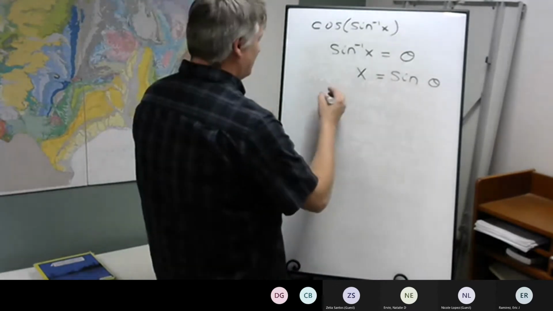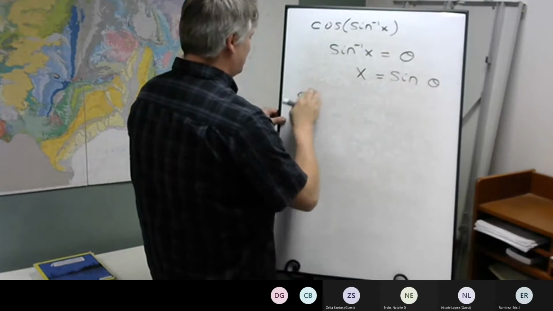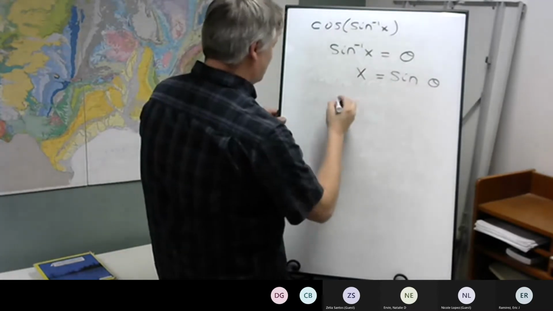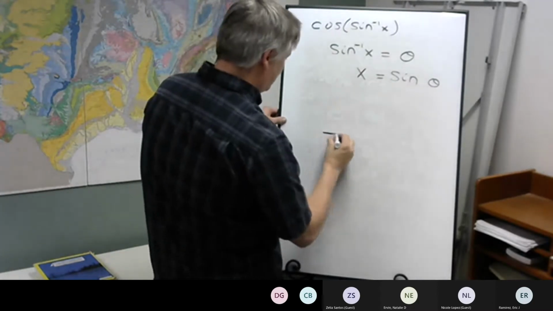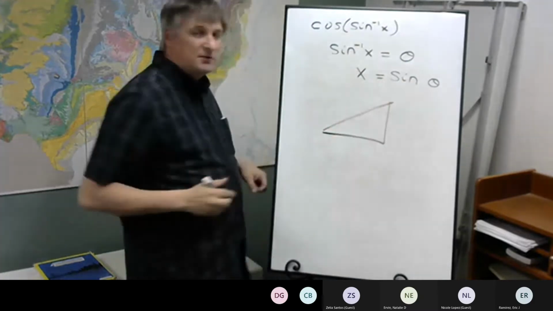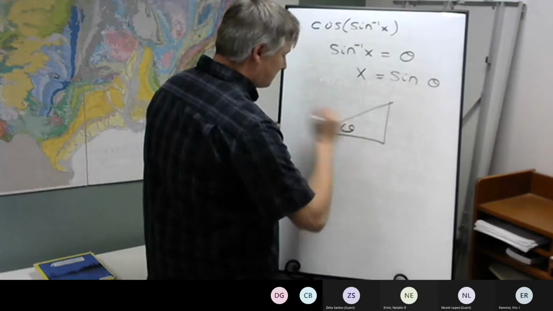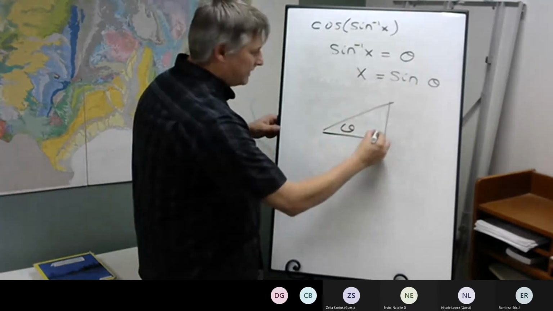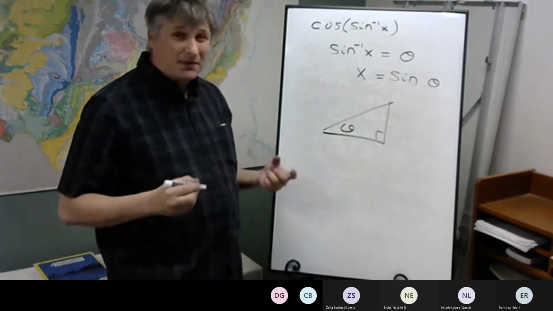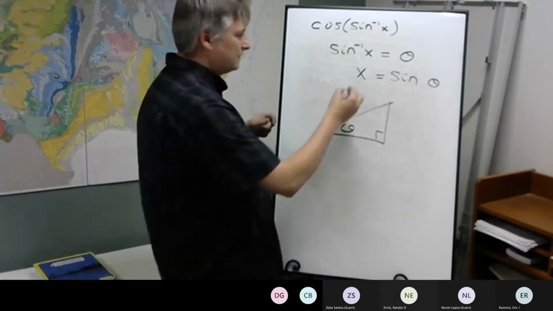Before we do that, we're going to use this fact to construct a triangle. So here's our theta. Here's our right angle. So what this says is this: the sine of theta is x.